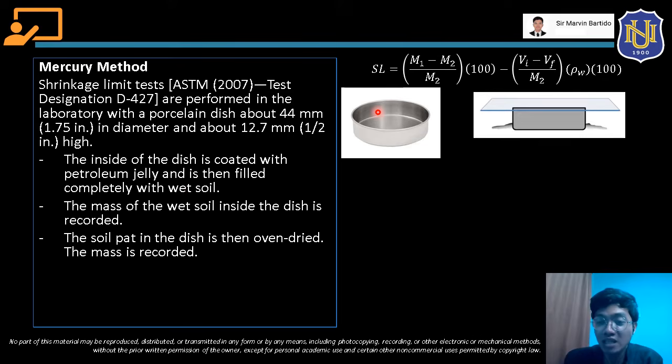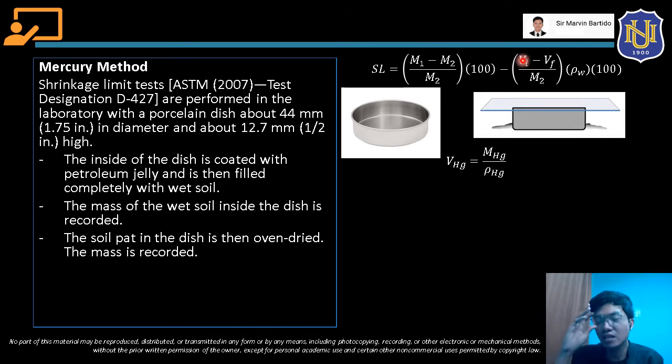Tama, kasi pinuno din natin ito kanina ng wet soil. So yung volume ng wet soil natin, equal lang siya dun sa inside volume nung dish na to. Okay, so class, yung volume na yun, yun yung V sub I. So sa madaling sabi, class, yung volume nung mercury dito, equal siya doon sa initial volume. So yun yung gagamitin nating volume para dito.